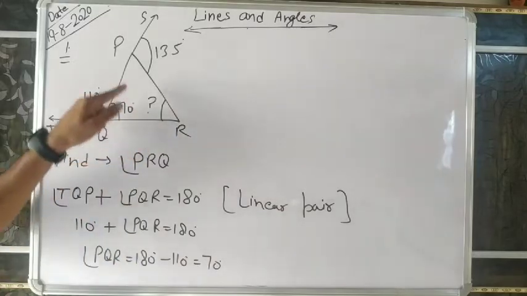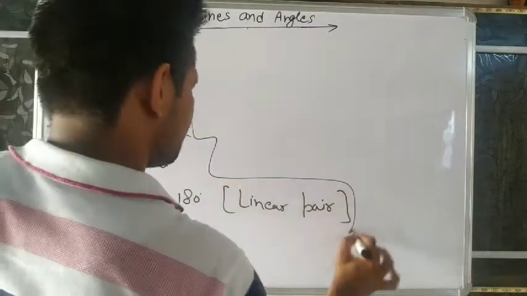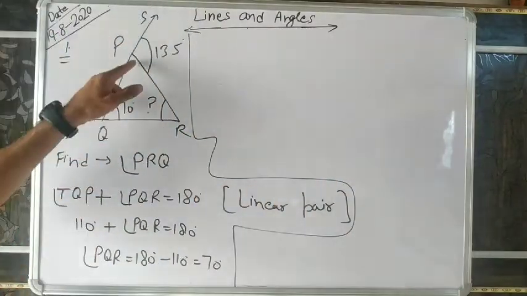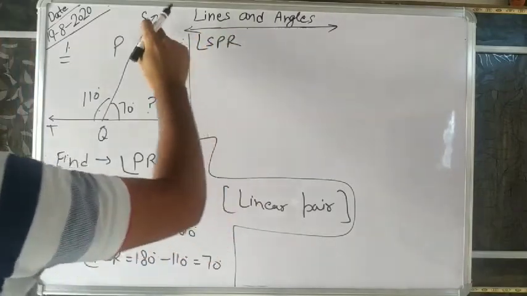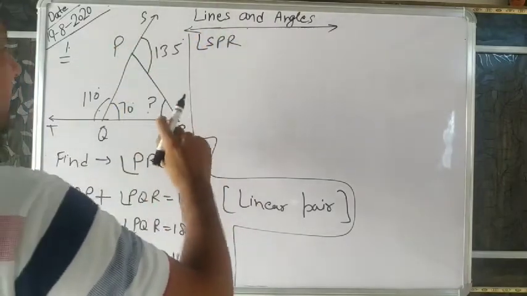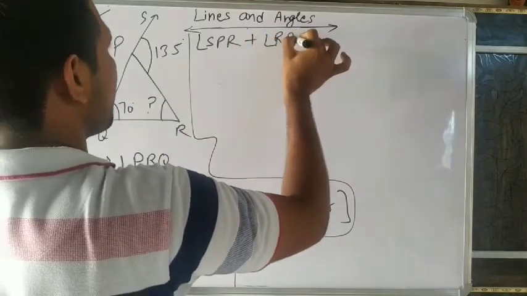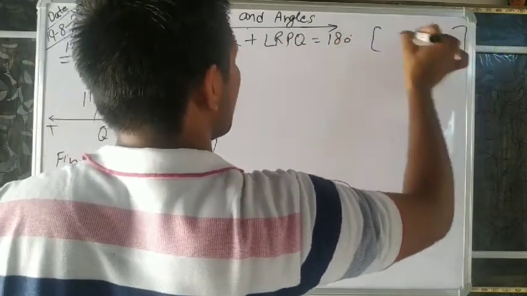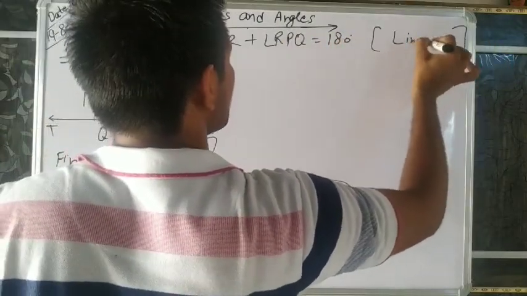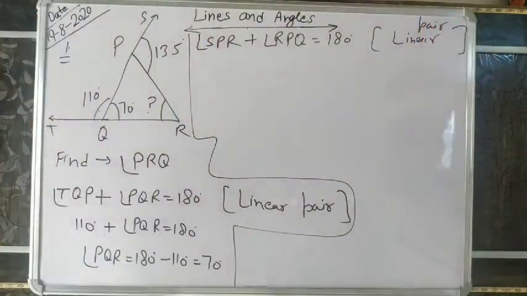Now if we know one more angle, we can find it easily. Next is the angle SPR, which is outside. Second, RPQ. SPR plus RPQ is equal to 180 degrees. Again the reason is linear pair, so write it yourself.